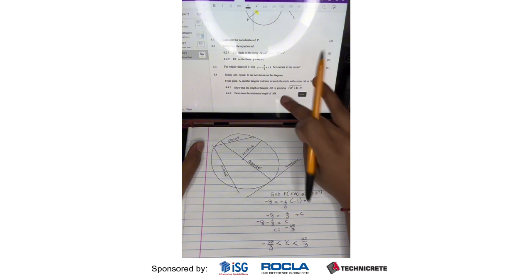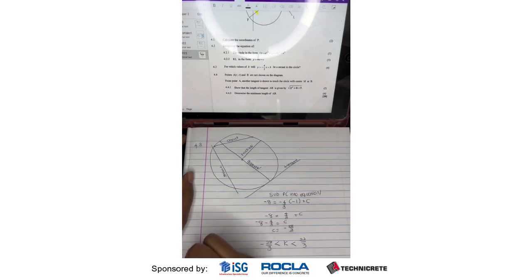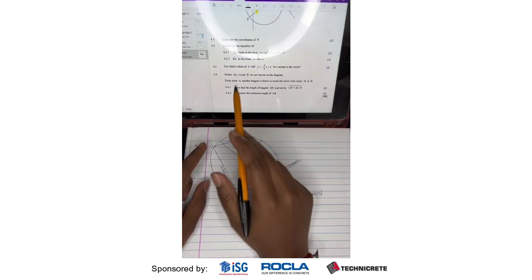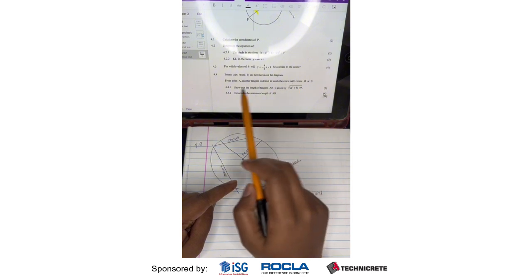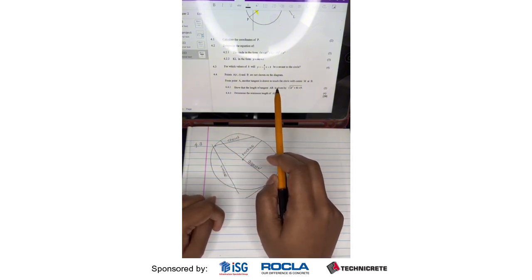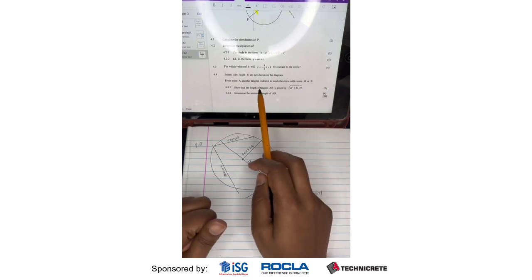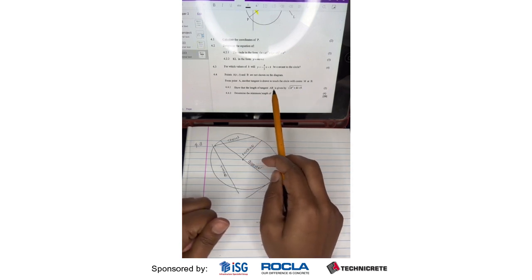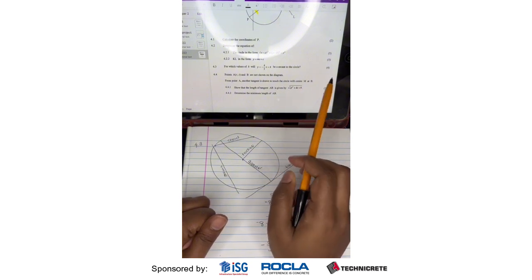The last question is 4.4. 4.4 says points A, which has t, t, and B are not shown in the diagram. From point A, another tangent is drawn to touch the circle with center M at B. Show that the length of tangent AB is given by the square root of 2t squared plus 4t plus 9.